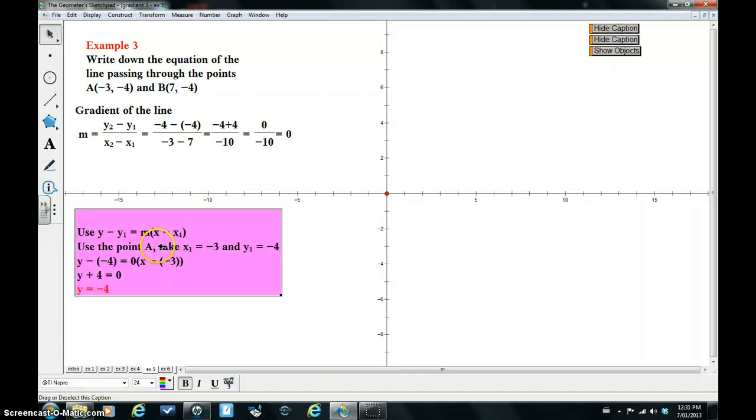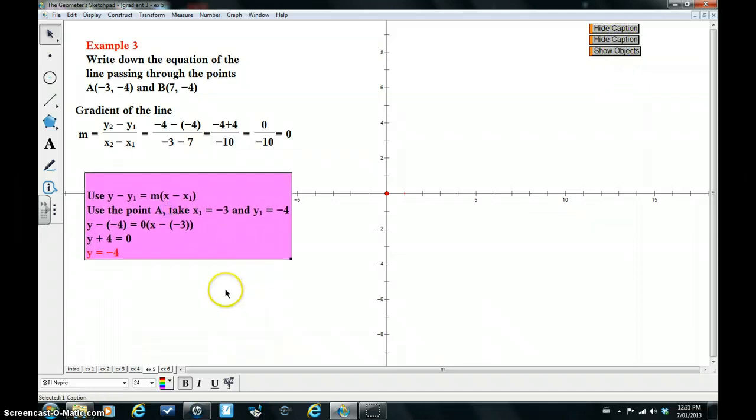And if we try and work out the equation of the line using the formula again, y minus y1 equals m times x minus x1, I can take the point A, I get y take away y1, which is -4, equals, but the gradient is 0, so m is 0, and 0 times anything is 0, so x minus the x value, which is -3, is not important because this whole term is going to be 0 anyway. 0 times this is going to be 0.